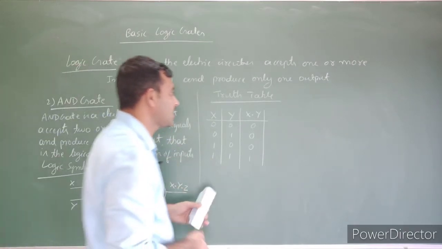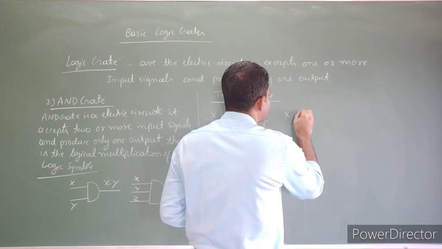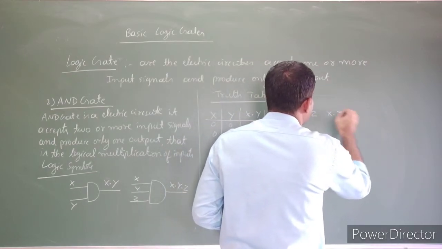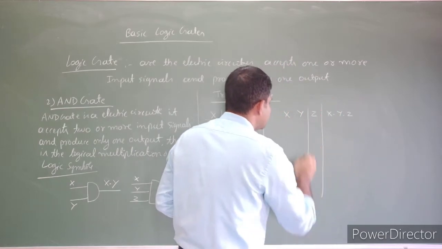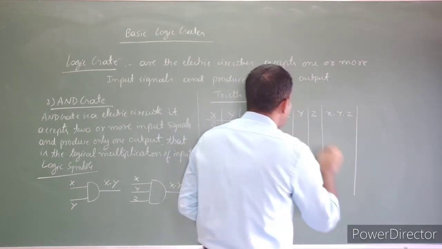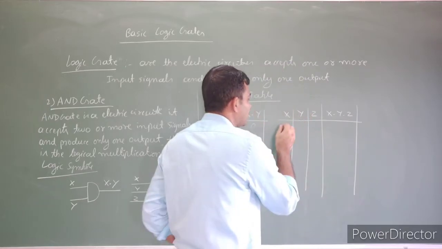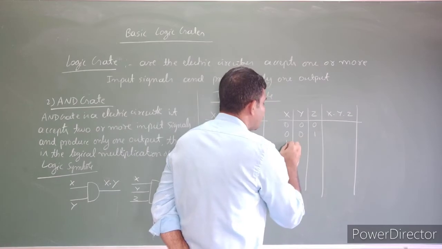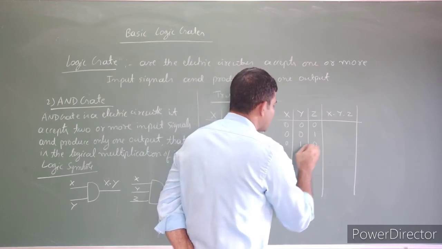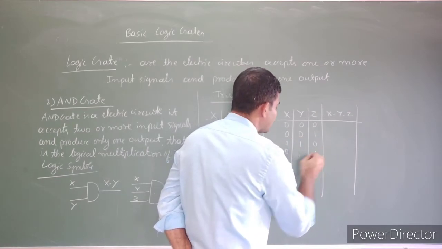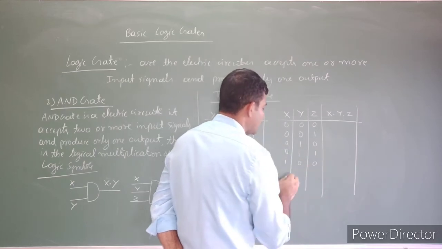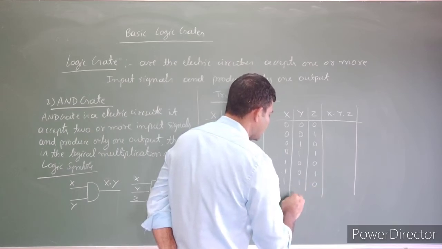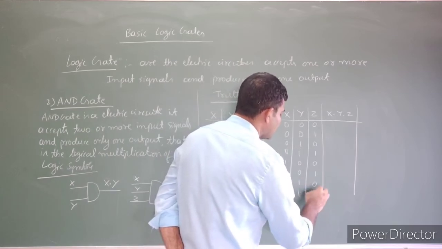If it is three variables x, y, z, then the output is x into y into z. With three variables, there are 8 possible combinations: 0 0 0, 0 0 1, 0 1 0, 0 1 1, 1 0 0, 1 0 1, 1 1 0, and finally 1 1 1.